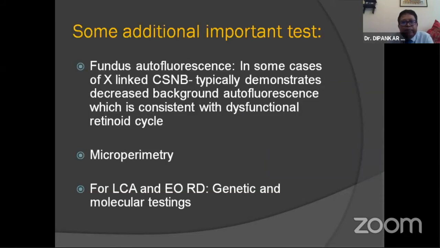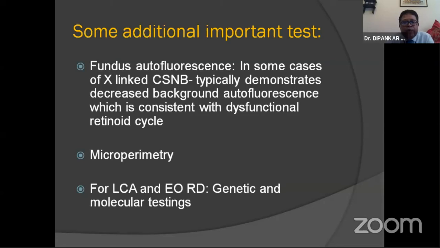Now, some additional important tests: fundus autofluorescence, which neuroophthalmologists do not do but retinal specialists do often. In some cases of X-linked congenital stationary night blindness, it typically demonstrates decreased background autofluorescence, consistent with a dysfunctional retinal cycle.